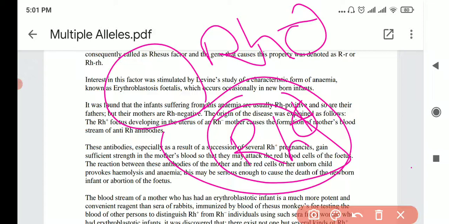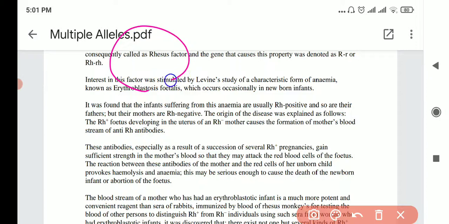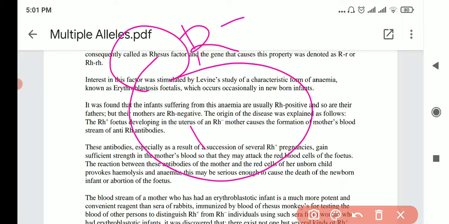So these Rh negative antibodies from the mother go into the fetus and attack the blood cells of the baby, and they try to destroy all the red blood cells. Why? Because this mother never knew about Rh positive. It was always Rh negative. The whole body is Rh negative, so it never experienced this Rh positive.